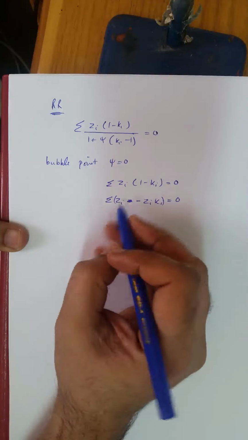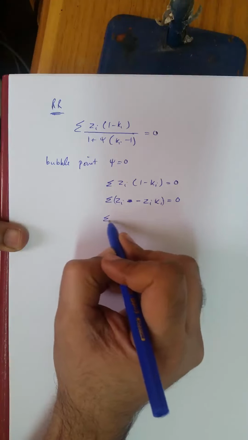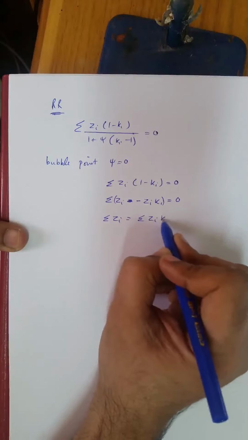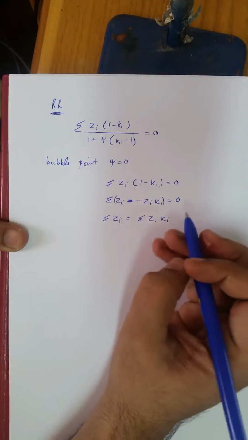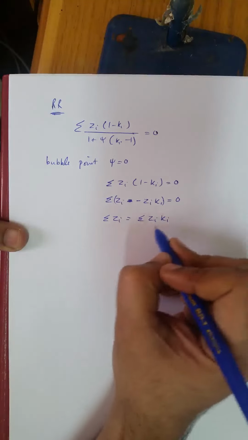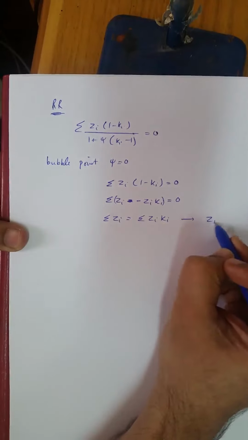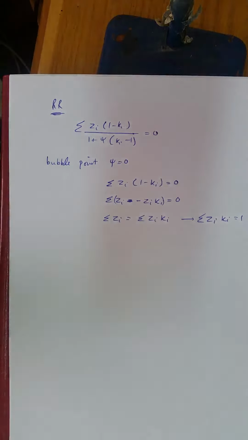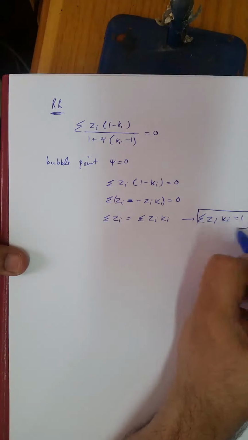So summation of zi equals summation of zi Ki. Since summation of zi equals 1, it means summation of zi Ki equals 1. This is another condition for the bubble point.